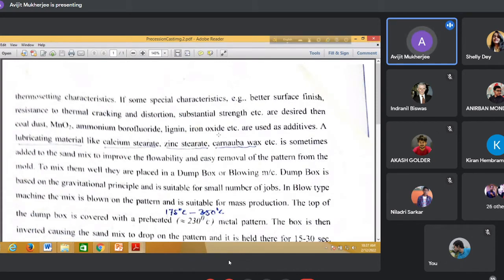Not manual but machine molding. And not only that, a very intricate part is to be produced, so lubrication is needed here. That's why along with additives and binders, some lubricating materials are also to be used.